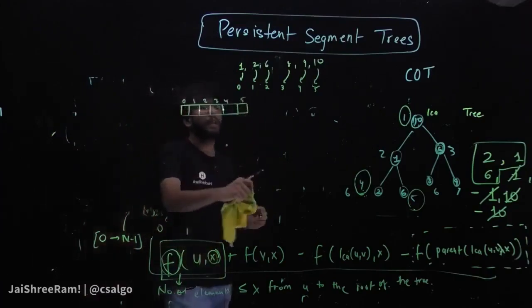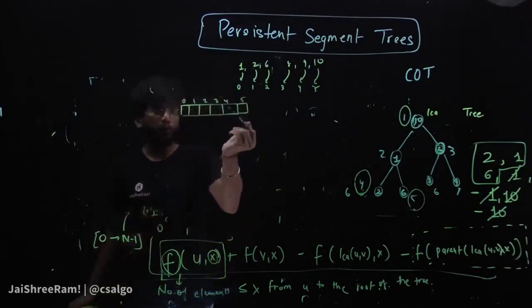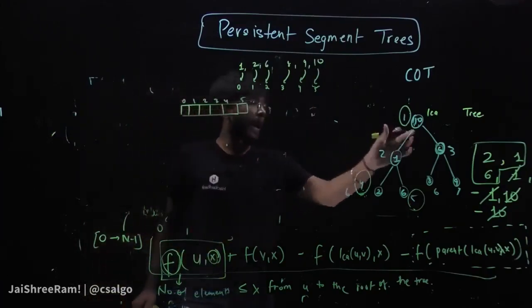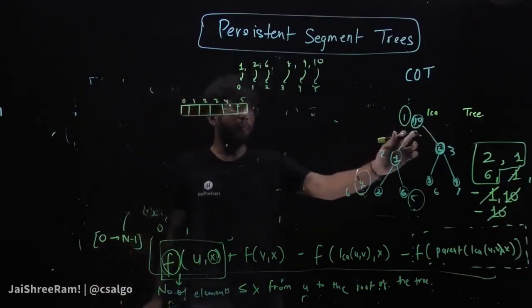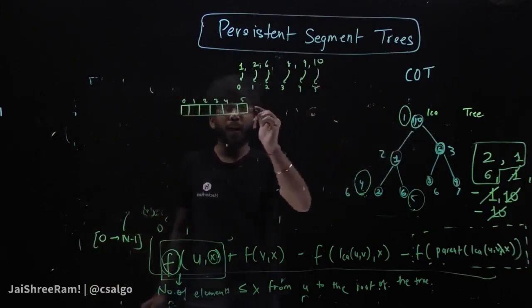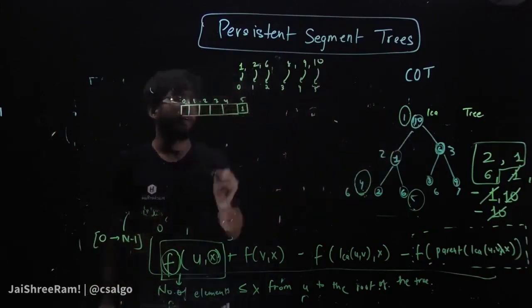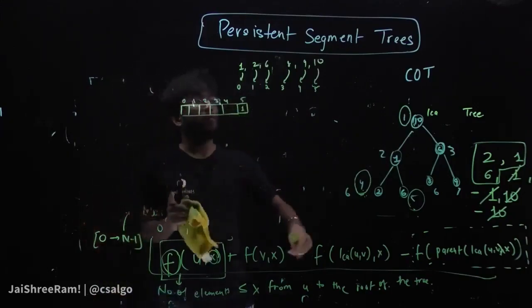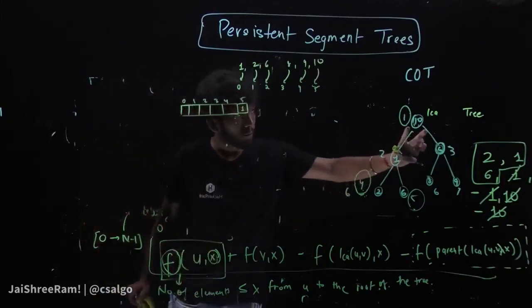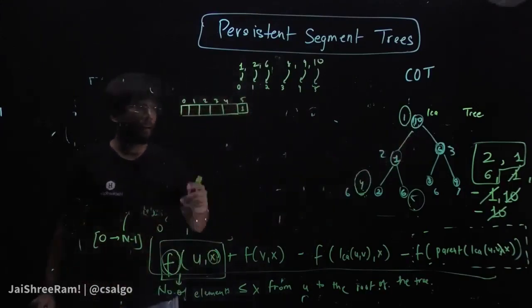Since I have 6 distinct values ranging from 0 to 5, and the first node contains a 10 value which is mapped onto 5, I'll mark a 1 over here. This is the array on which the segment tree up to this root node would be constructed.